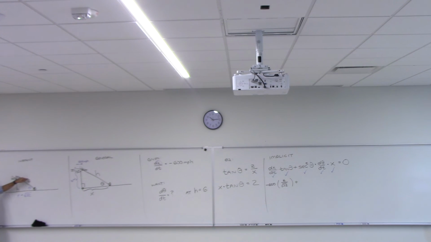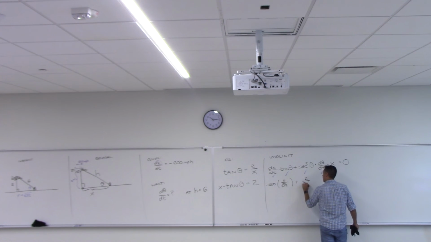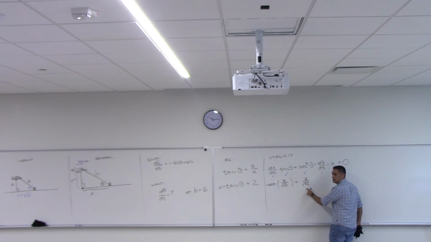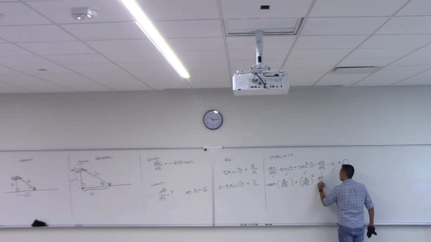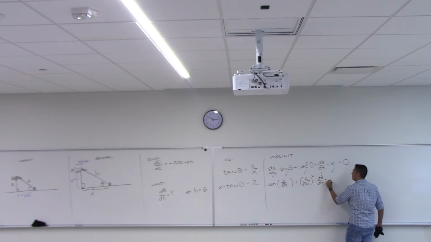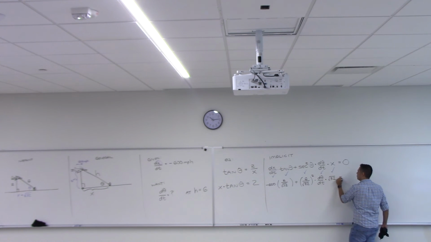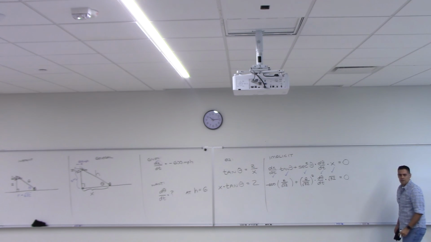Secant is the reciprocal of that, so it's 6 over root 32. That's secant theta squared, times d theta dt, which is what I'm trying to solve for, times that, which is root 32, equals 0.